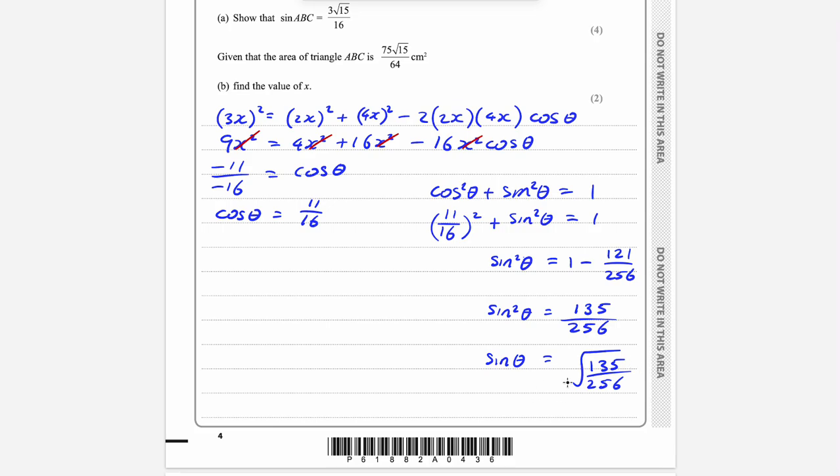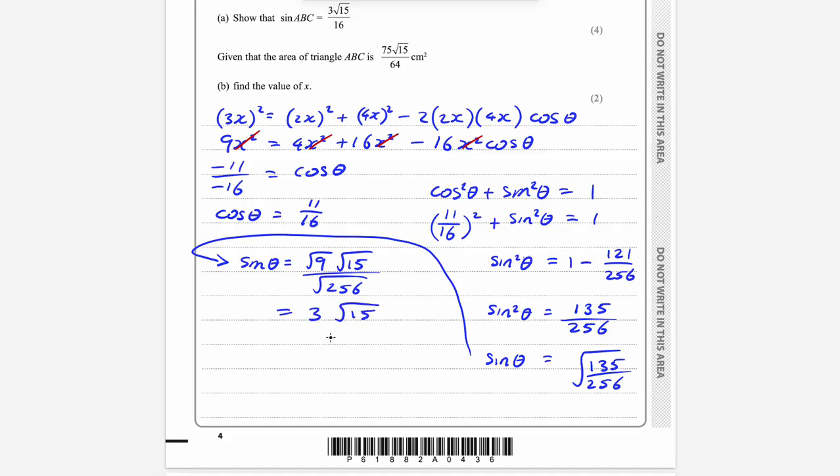We'll split 135 into 9 times 15, because 15 times 9 is 135. So this is root 9 times root 15 over root 256. Root 9 is 3, root 15 is root 15, and root 256 is 16, which is what we were asked to show.